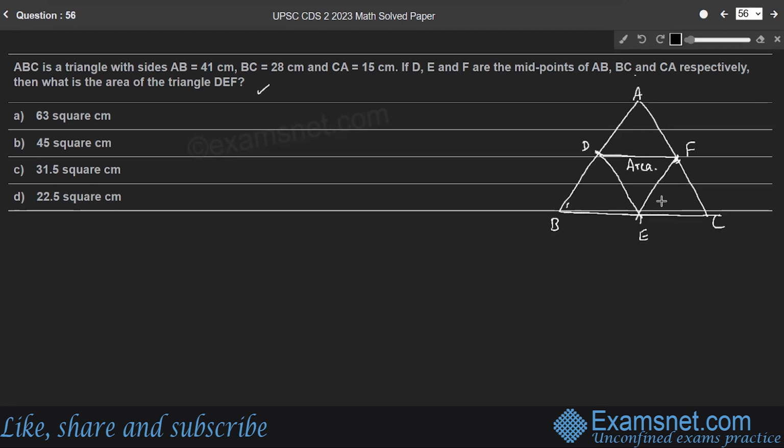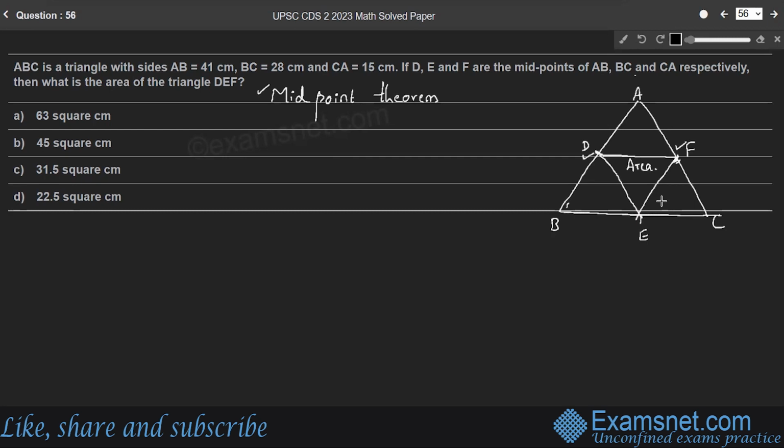Here we use the midpoint theorem concept. The midpoint theorem states that the line joining the midpoints of two sides of a triangle is parallel to the third side and is half of the third side. So we'll consider the two midpoints D and F of two sides.